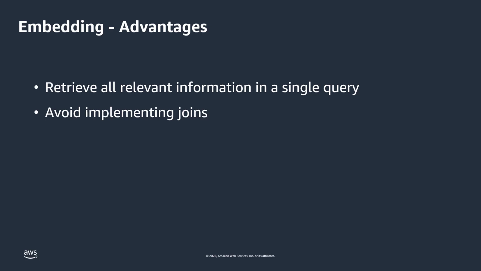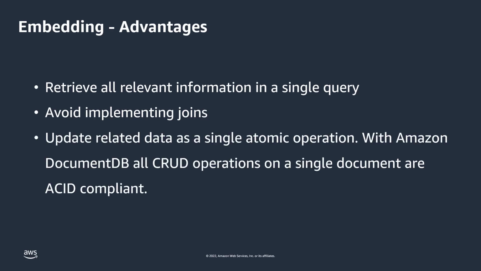As a result, embedding generally provides better performance for operations, as I discussed earlier about the denormalized model. The embedded data model also makes it possible to update related data in a single atomic write operation, because single document writes are ACID compliant with Amazon DocumentDB.